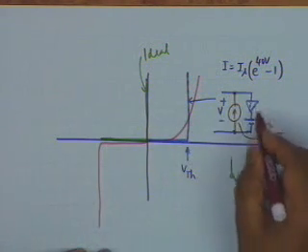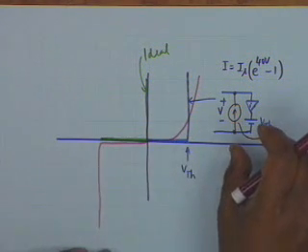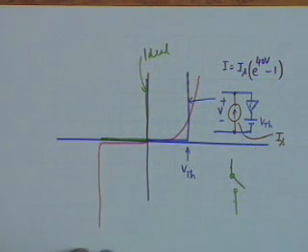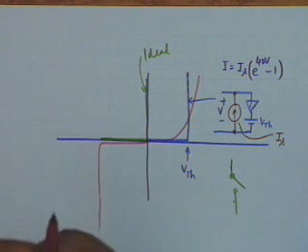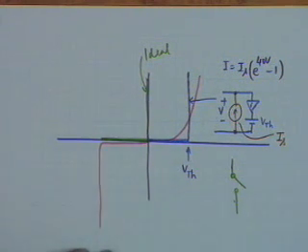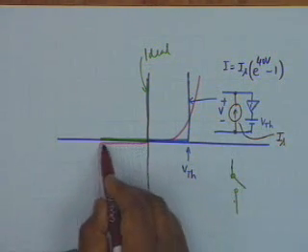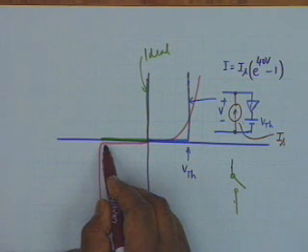This accounts for a practical diode. This is a good model for a practical diode when the diode is still thought of as a switch in the forward direction. In the forward direction it is a switch, in the reverse direction the current is a constant. This current is almost a constant, all right.